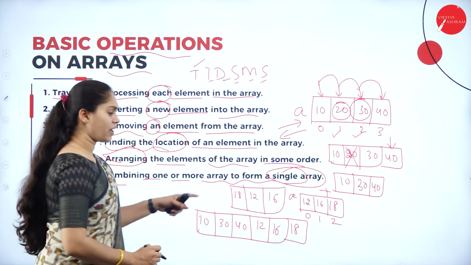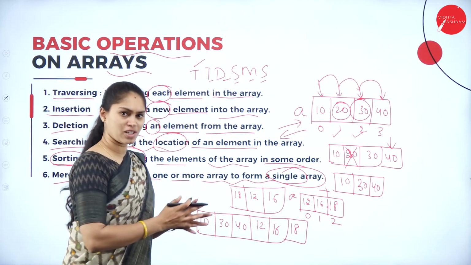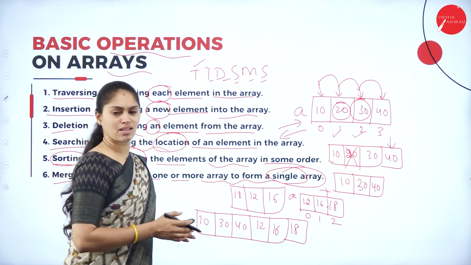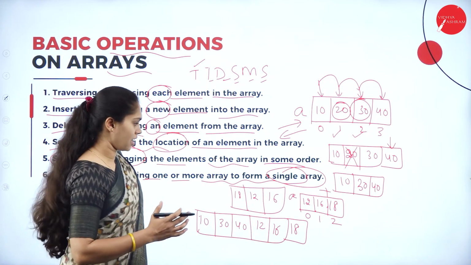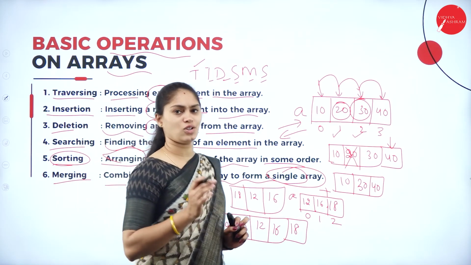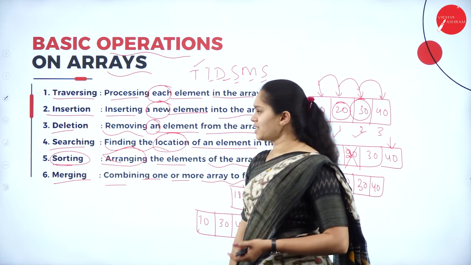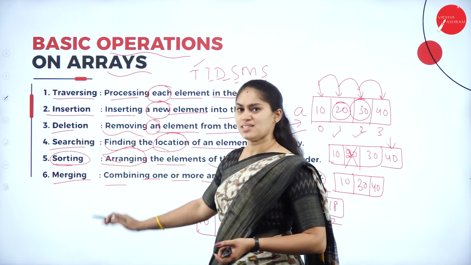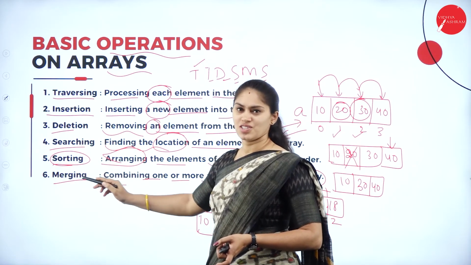Fine. When one or more arrays are merged together, their elements are combined and represented as a single array. Then we are going to call that operation merging. So here totally we have 6 operations: TID SMS: traversal, insertion, deletion, searching, merging, sorting.